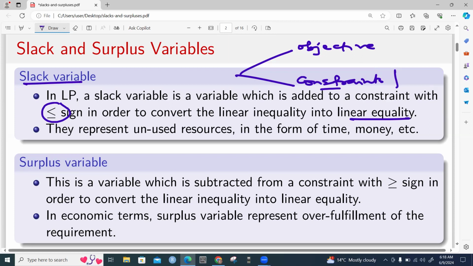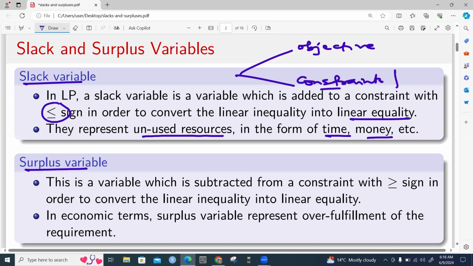So when we add them, the slack variables here represent the unused resources, in the form of time or money and so on. So you have achieved the optimal solution, but some resource constraints have been underutilized. And the level of underutilization is what we are now calling a slack variable.